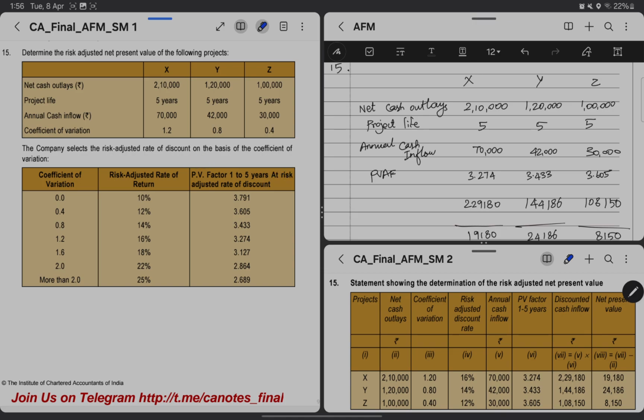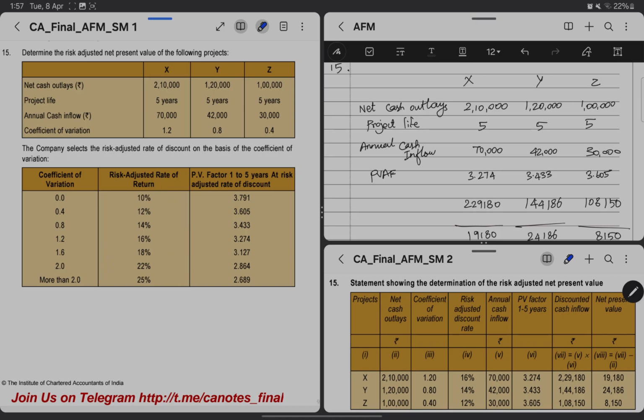of variation. So since we have to find out risk adjusted NPV, for calculating NPV we need discount rates to multiply with the cash inflow, and they have told that company selects the risk adjusted rate of discount based on the coefficient of variation. Now for each coefficient of variation they have given a risk adjusted rate of return.